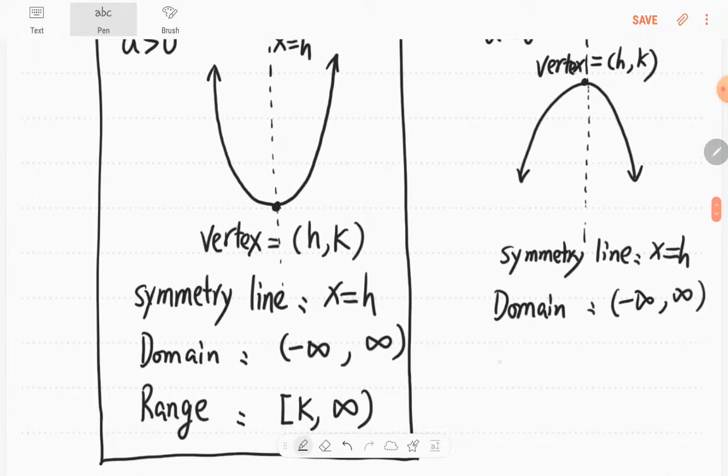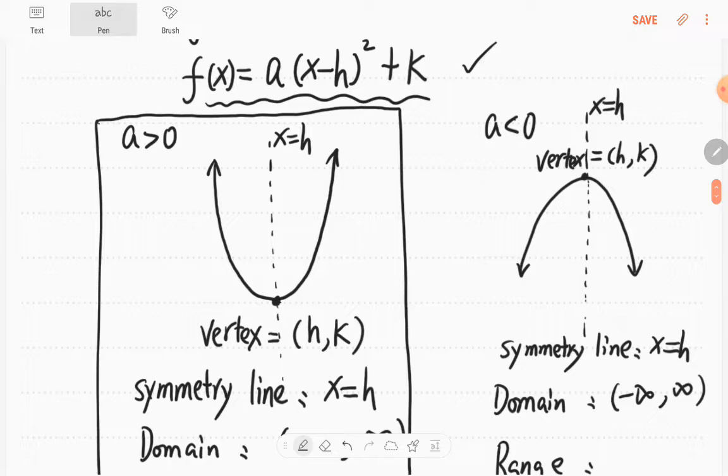And the range. If this is the y-axis, then here is the highest point, which is k. The highest value is k. So below k, for all the values below k, there is a corresponding point on the curve.